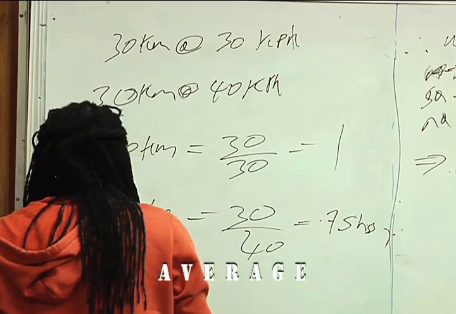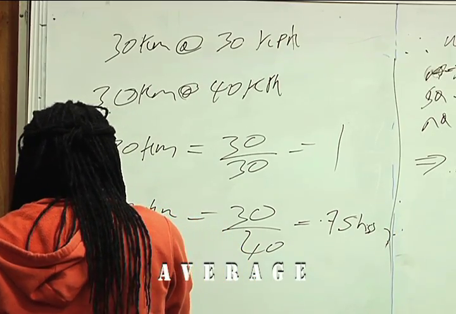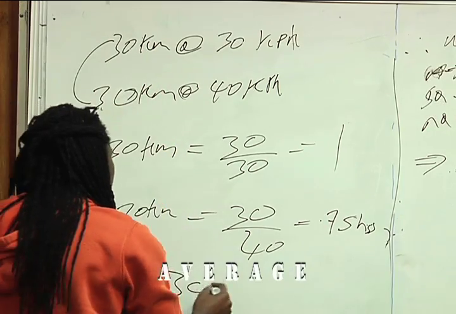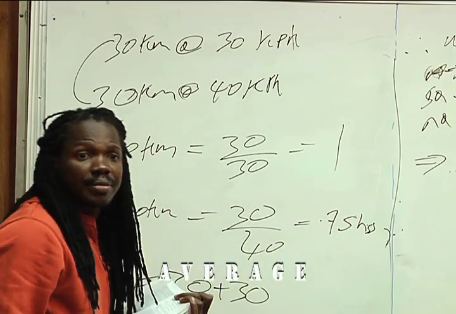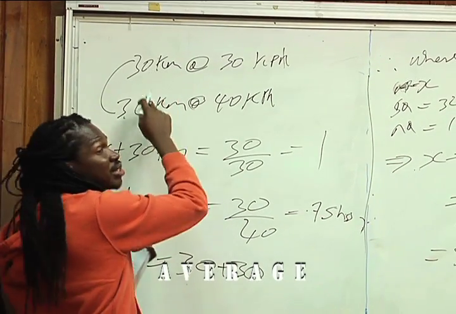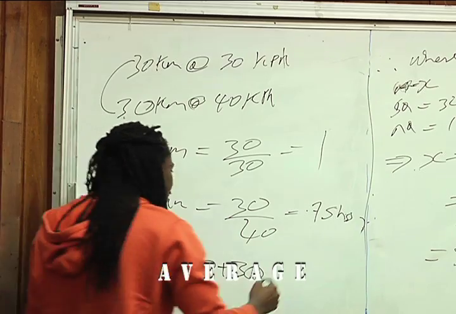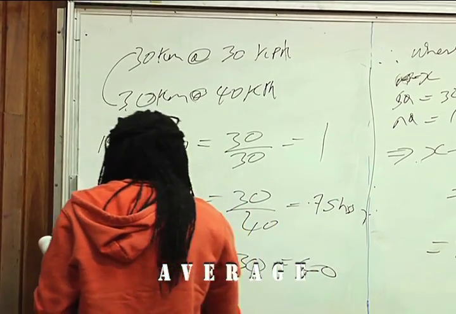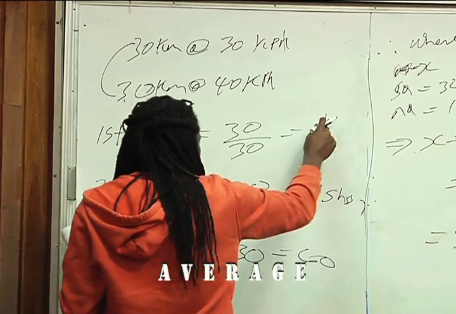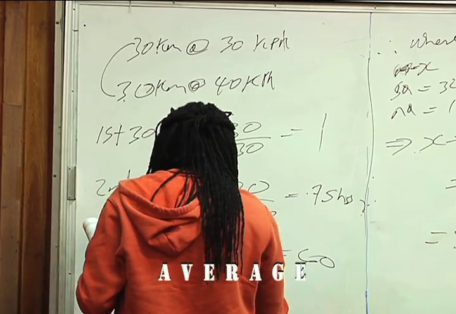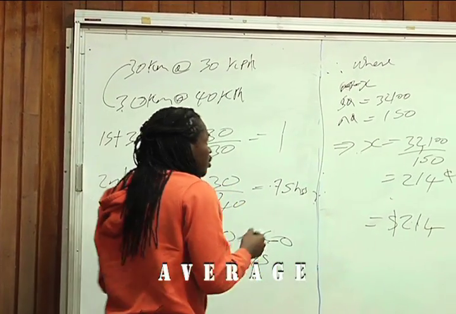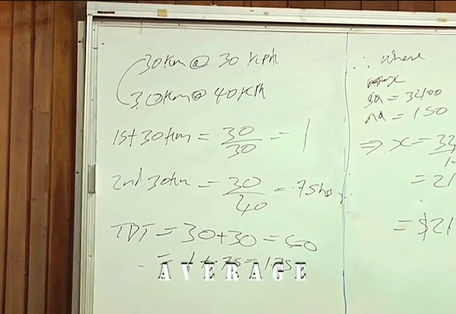Now, what is the total distance traveled? 30 plus 30, which is 60. What's the total hours traveled? 1 plus 0.75. Therefore, what is the average speed?